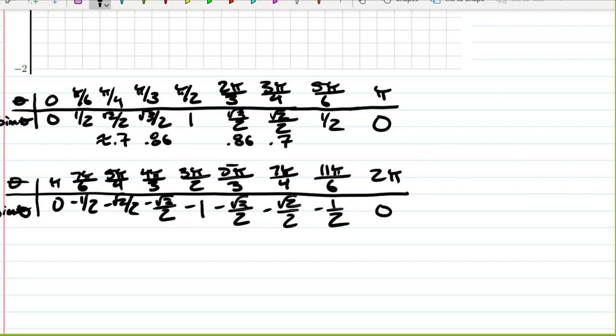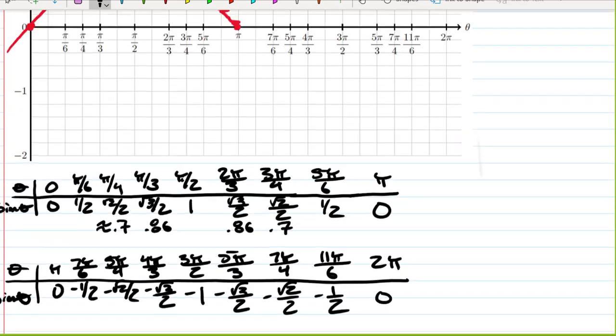So we'll notice that the values between 0 and pi and the values between pi and 2 pi are almost exactly the same. The only difference is between 0 and pi, all of our y values are positive, which we saw because they're in quadrants 1 and 2. And then all of our y values are negative because they're in quadrants 3 and 4 between pi and 2 pi. But other than that, they are exactly the same.